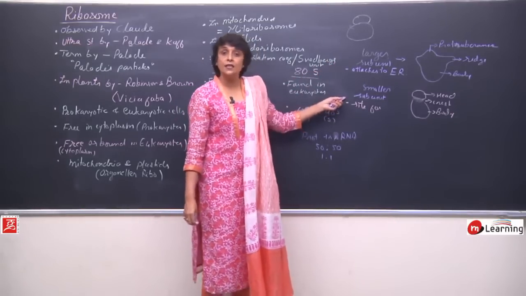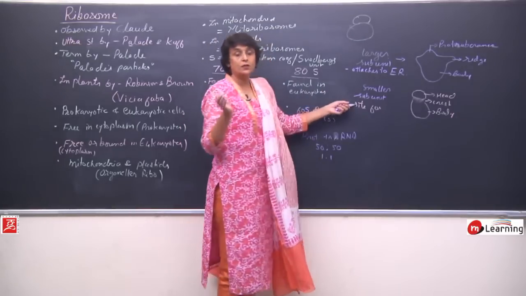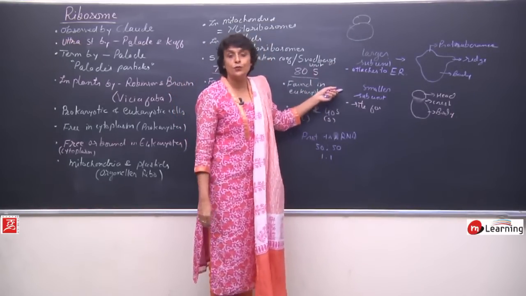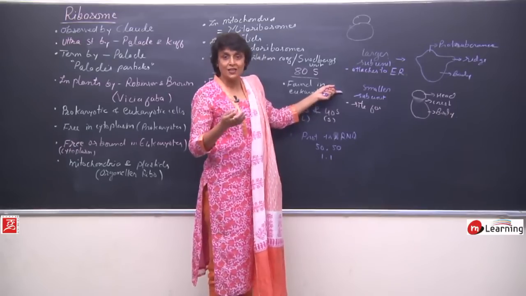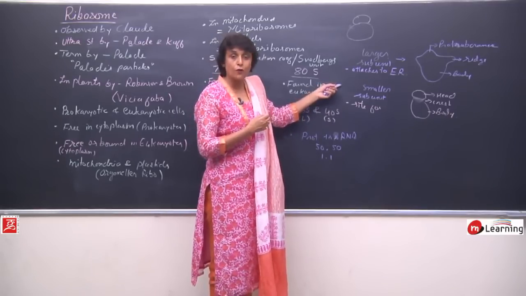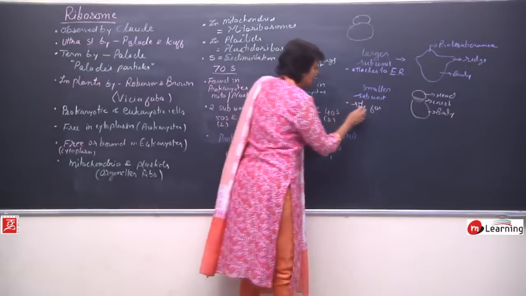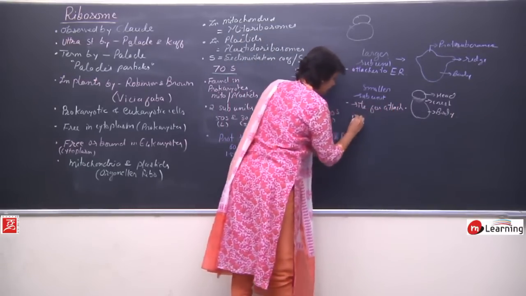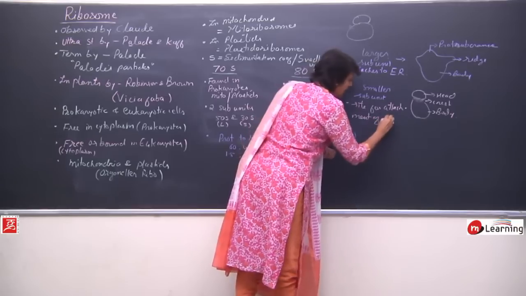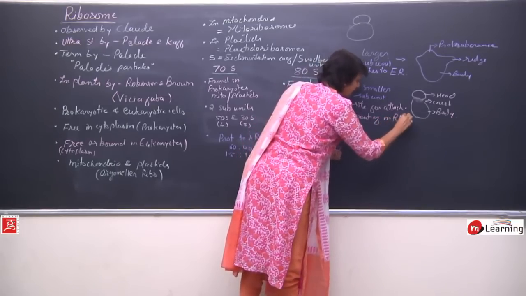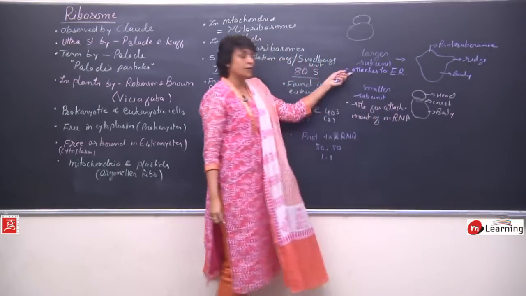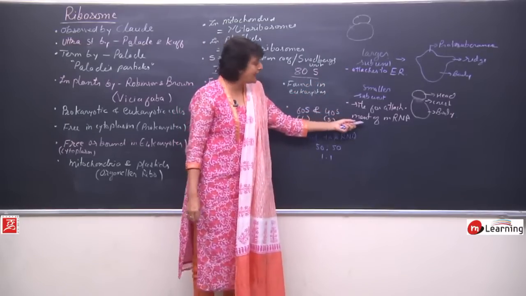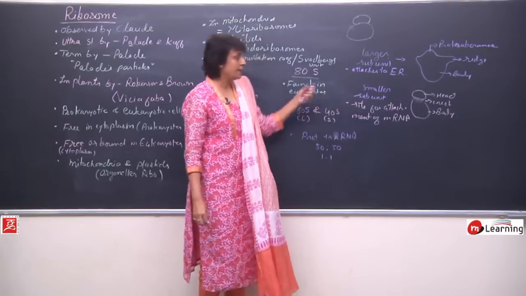Ribosomes are going to help us in protein synthesis. The message is going to come from DNA, and then ribosomes help in translation of those codes from mRNA to protein. So the larger subunit attaches to the endoplasmic reticulum, and the smaller subunit has the mRNA attachment site.